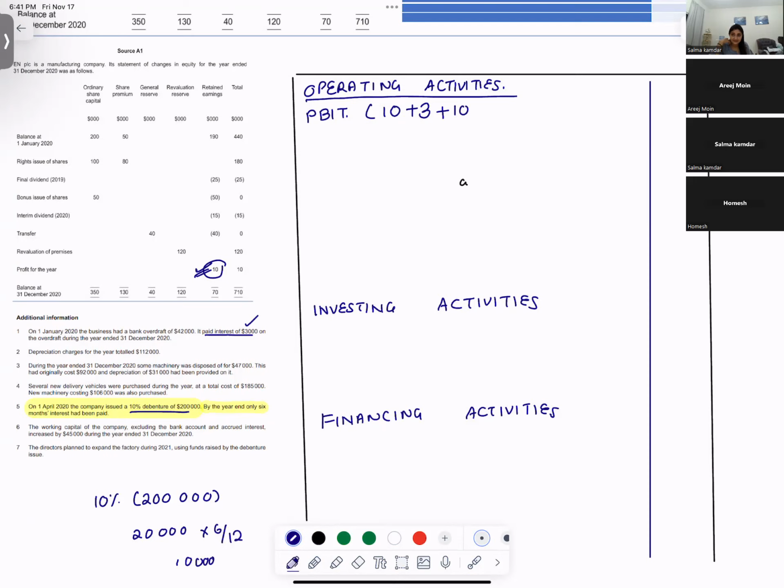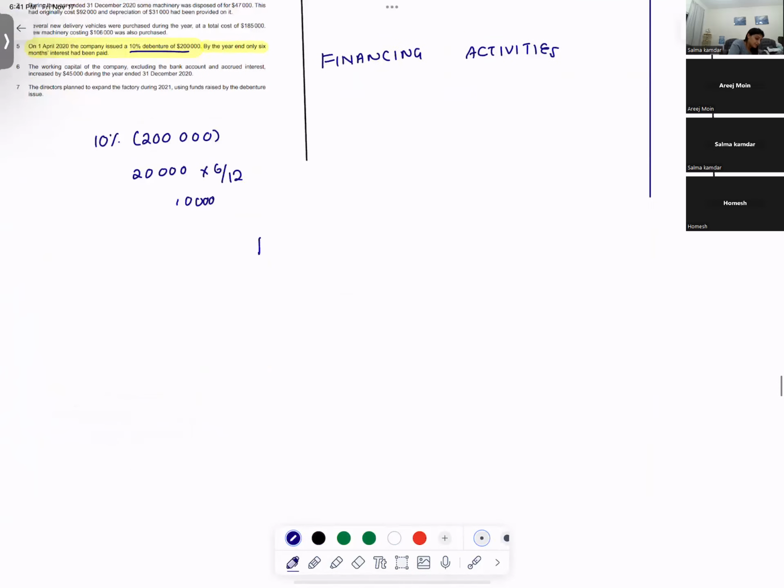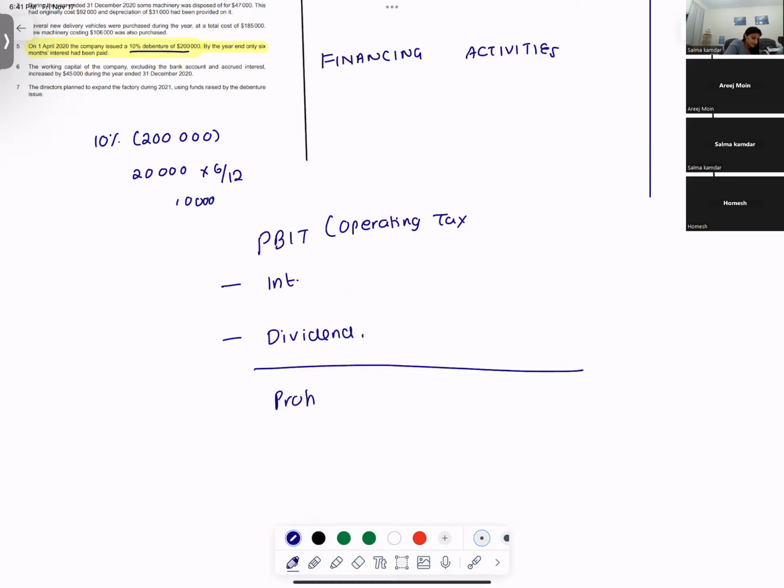Are you with me? So you have paid 10 plus 3. Profit before interest and tax minus interest, this is operating profit, right? Minus dividend will give you profit for the year. Are you with me?